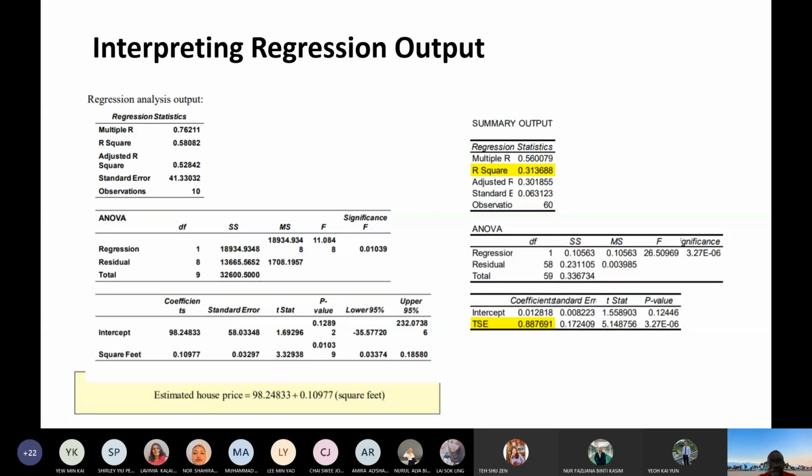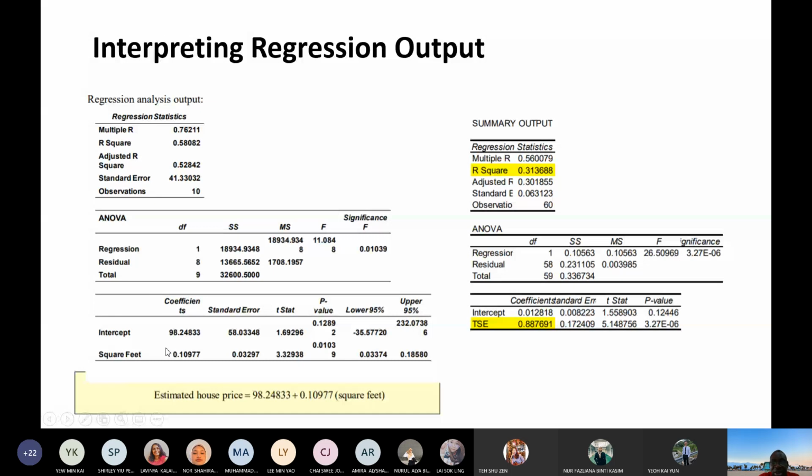If there is a change of 1 square foot in your house, the price will increase by 0.0109, and that means you will experience about a 1% increase in the price. So if the square feet is increased by 1 foot, you will get an increase in the price. This is how we interpret the result of regression analysis.